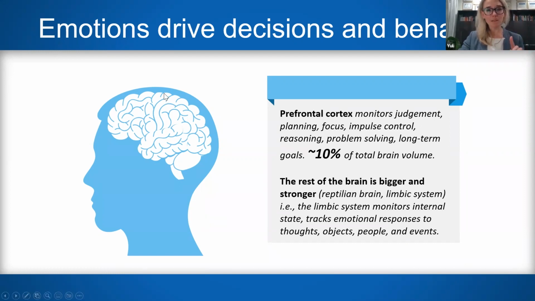So bad is bigger for your brain. Always remember this, very simple. Anything bad is bigger for your brain in terms of what it's going to pay attention to. So don't discount emotions. Don't discount your emotional state when you think about behavior change.